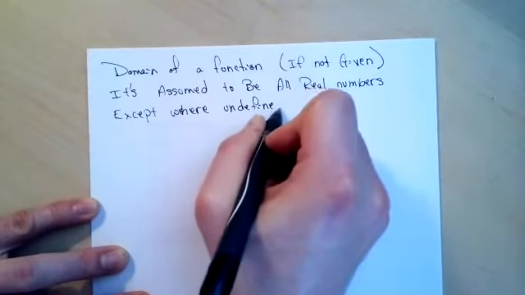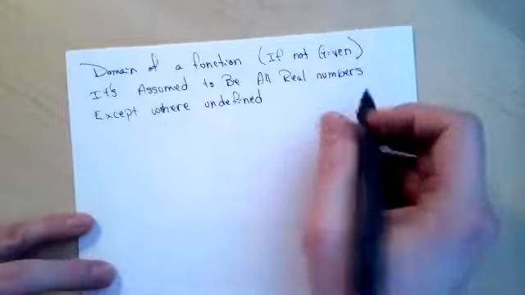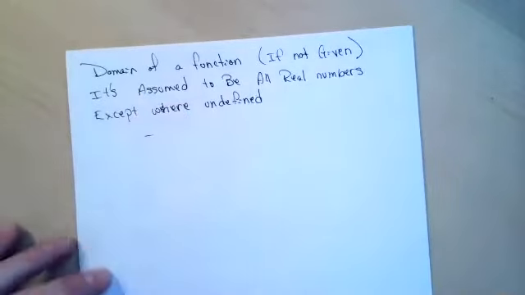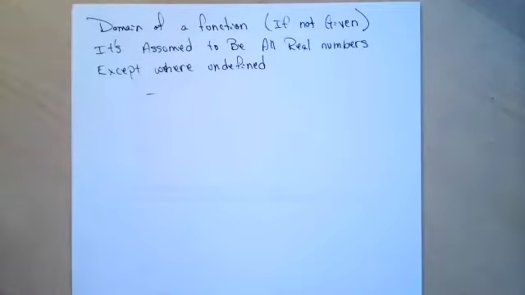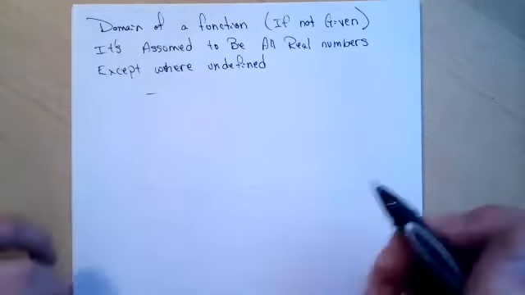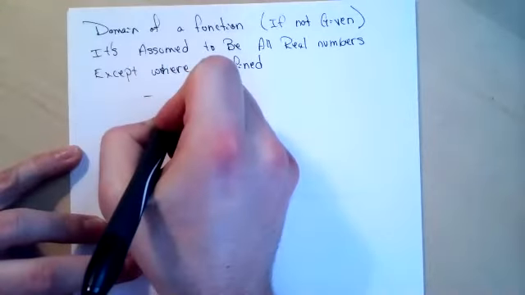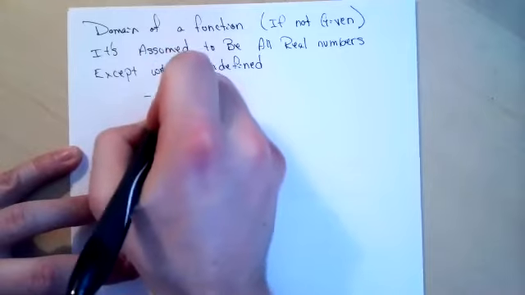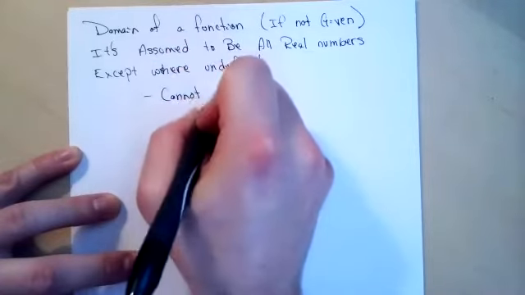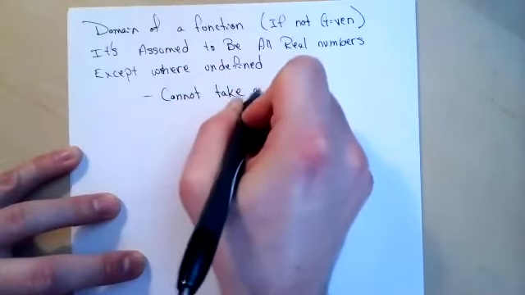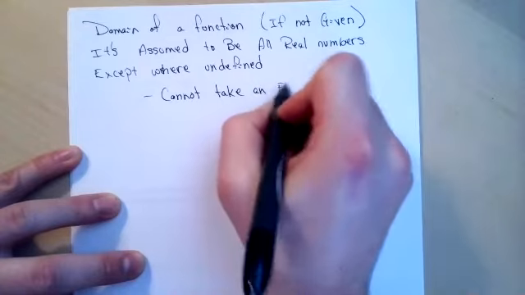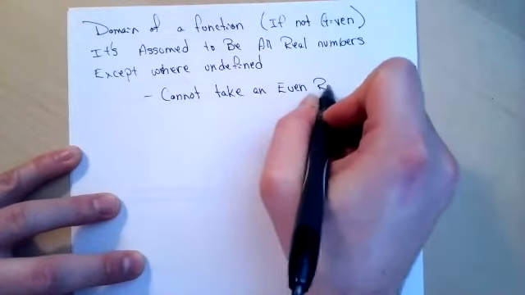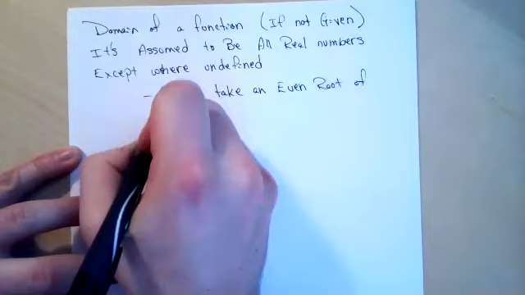And what do I mean by undefined? We now have essentially all of the operations we cannot do. Undefined is usually just that we cannot perform a certain mathematical operation. The first thing we saw was square roots. When we're looking at these power functions, what can we not do? We cannot take an even root of negative numbers.